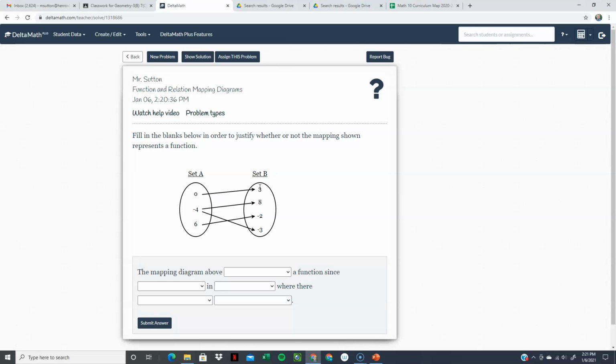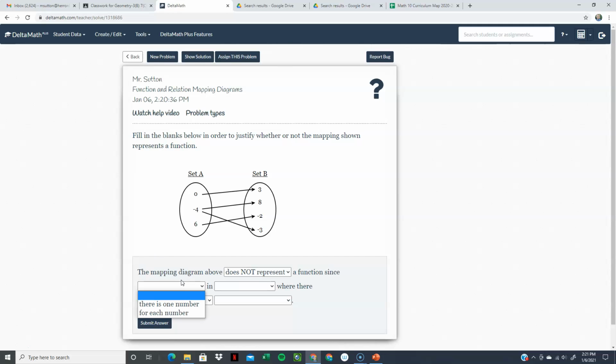So that is relating to 1. -4 over here relates to 8, and also relates to -3. So this -4 here makes this not a function. And then 6 relates to just 1, -2. So what I would say is the mapping diagram above does not represent a function because of this -4.